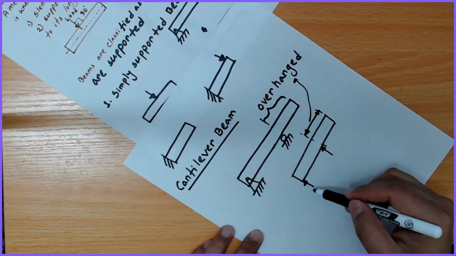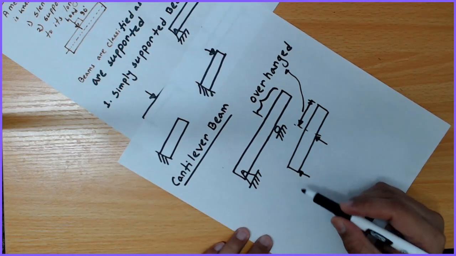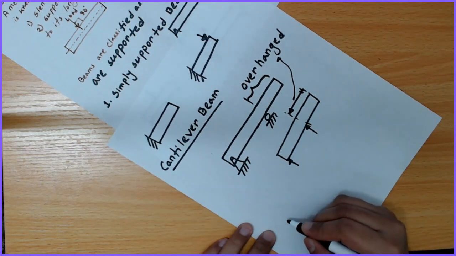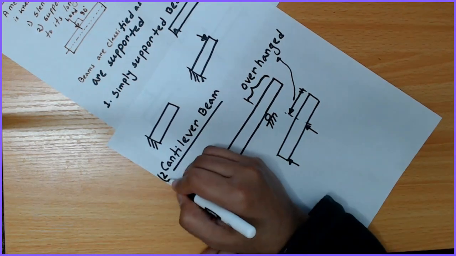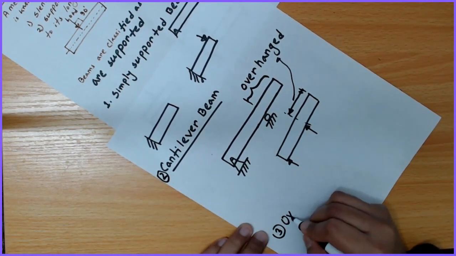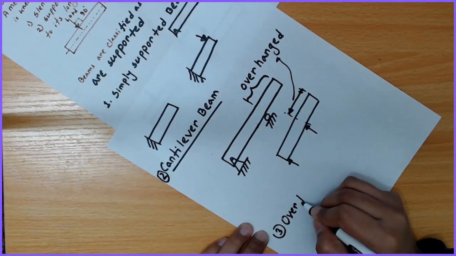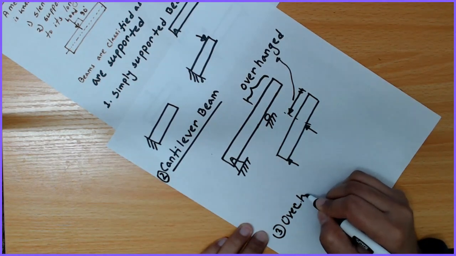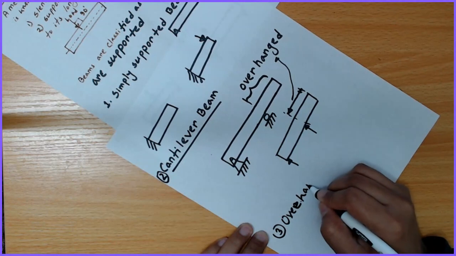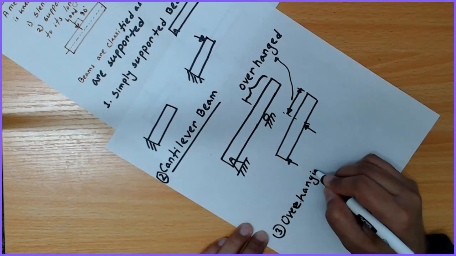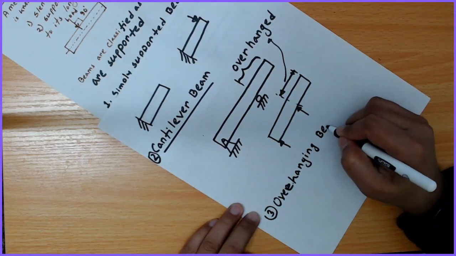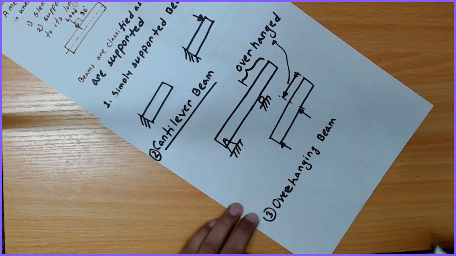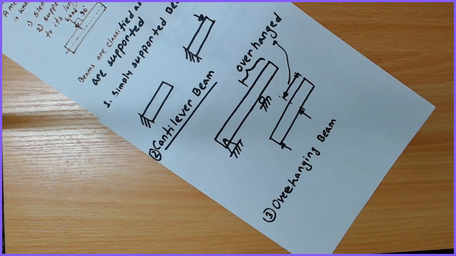Then this type of beam is known as overhanging beam. So these are the three types of beam.